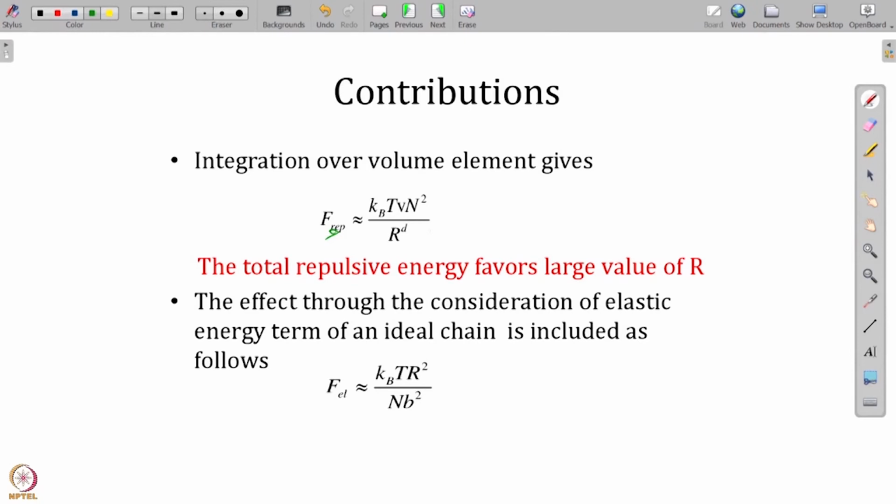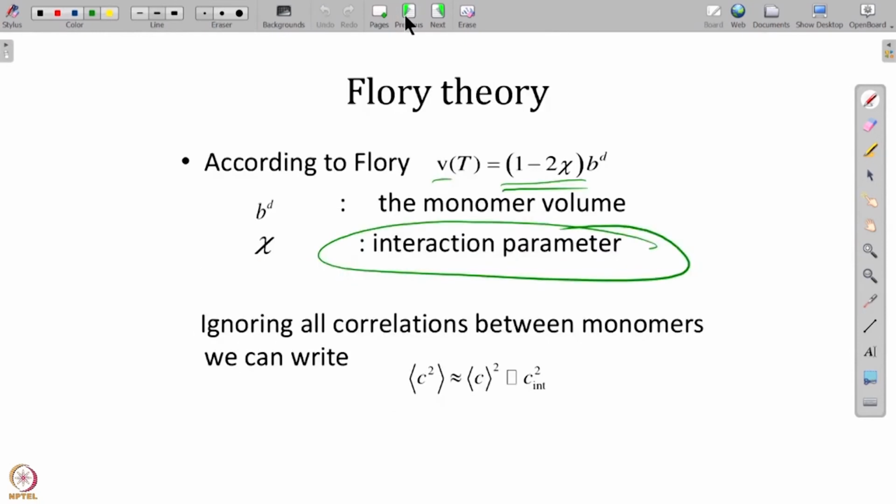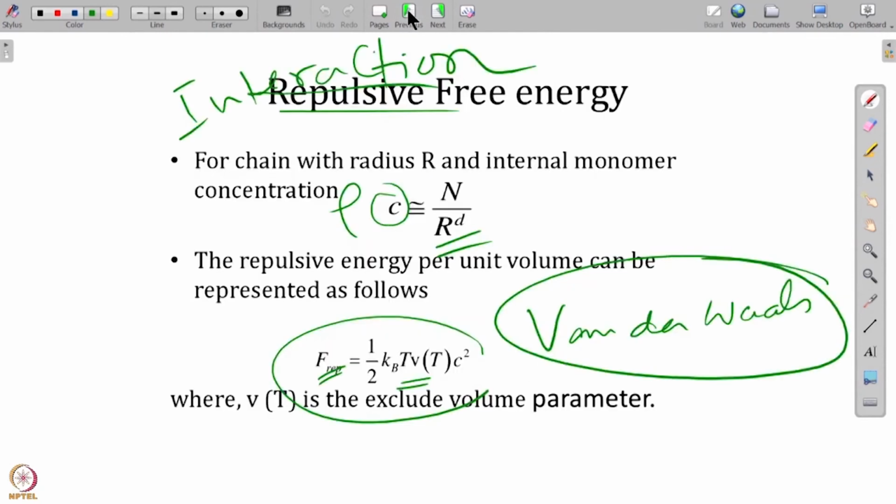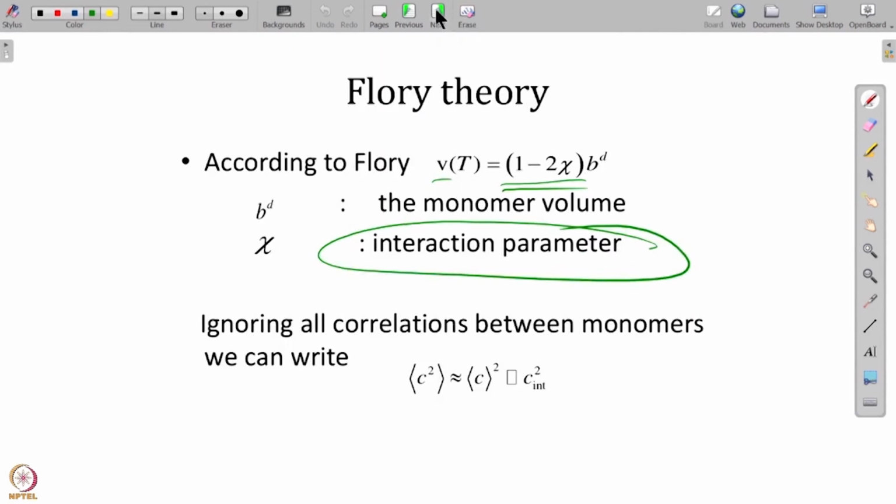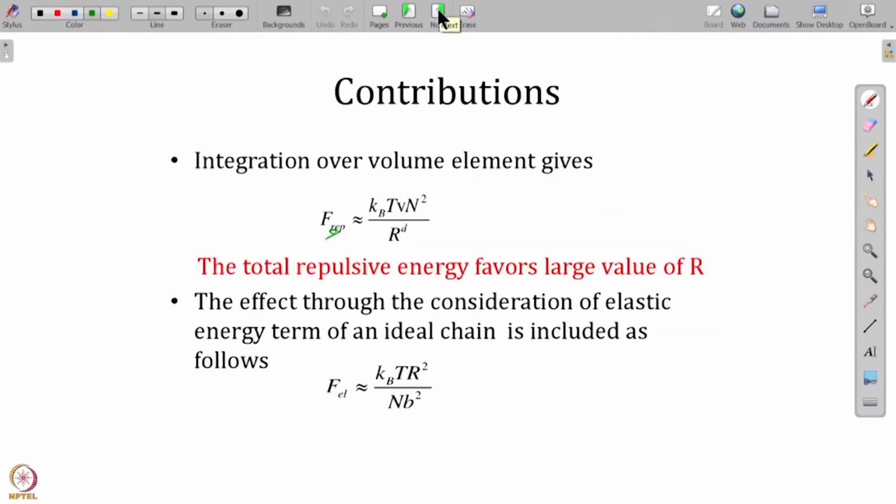If I do the interaction, then these are interacting over the total volume, and the total volume is proportional to the size R square, and C square is N by R^D. So when I put these things together, I get N square, as I said, and I get this quantity as the interaction energy, both attraction and repulsion.